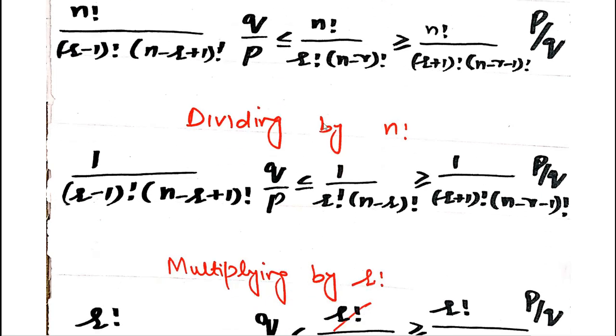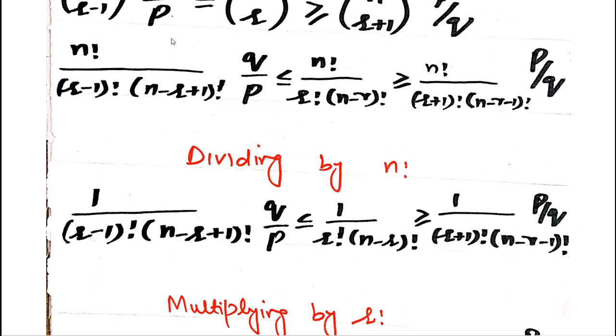So divide by n factorial. When you divide by n factorial, we remove the n factorial terms, and we are left with 1 over (r minus 1) factorial (n minus r plus 1) factorial q over p, greater than or equal to 1 over r factorial (n minus r) factorial, greater than or equal to 1 over (r plus 1) factorial (n minus r minus 1) factorial p by q.